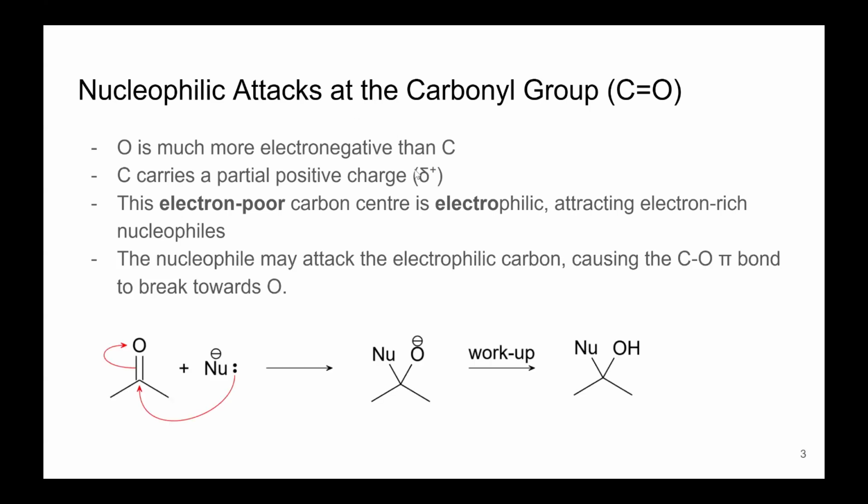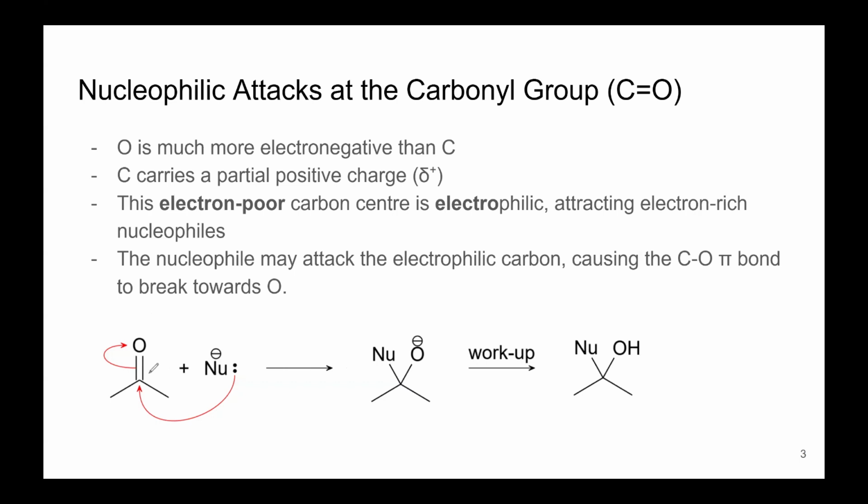So, circling back to the C=O double bond, the carbonyl group, the nucleophile may attack the electrophilic carbon, causing the C-O pi bond to break towards oxygen. Because remember, oxygen is more electronegative, so it's more stable bearing the full negative charge this time round. So the lone pair would prefer to go towards O. The lone pair used to be a bond pair, but because it has gone up to the oxygen atom, it's now considered a lone pair.